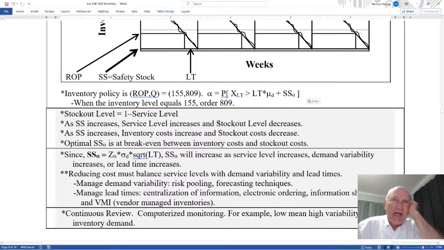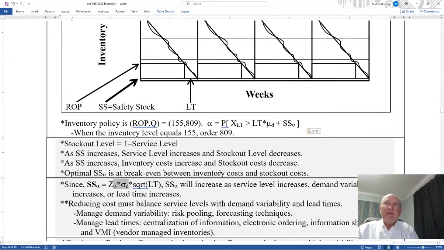Notice what we have here is the safety stock. I mentioned if the lead time increases, the variability increases, the service level increases, the safety stock increases. One thing I forgot to point out back here, and I'll point it out again, is that if the variability increases, your demand becomes uncertain. Do you order more?